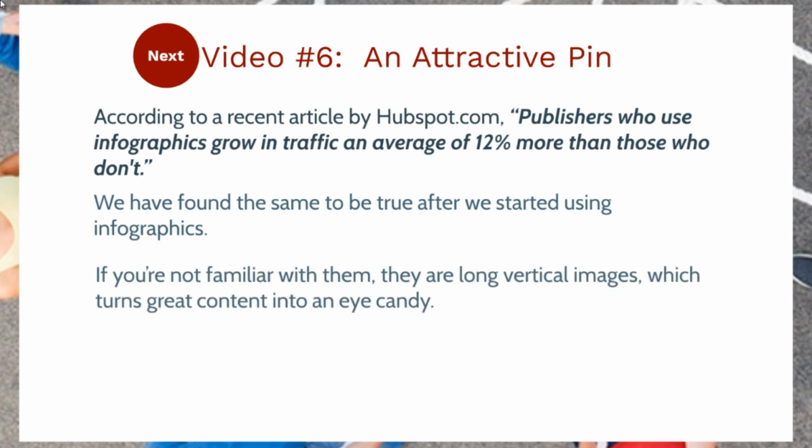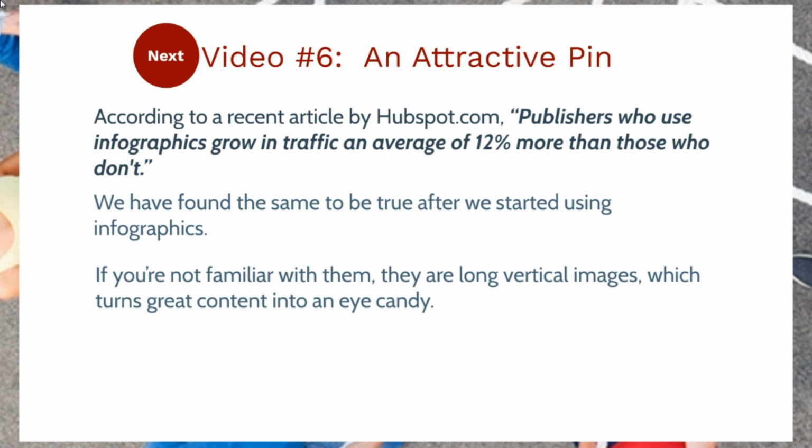Now, if you're not familiar with them, they're basically long vertical images which turn great content into eye candy. Or in other words, instead of turning great content into just a bunch of text, you turn it into a graphic that visually makes sense.